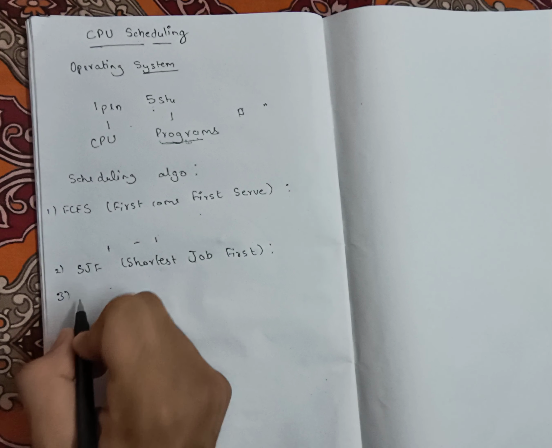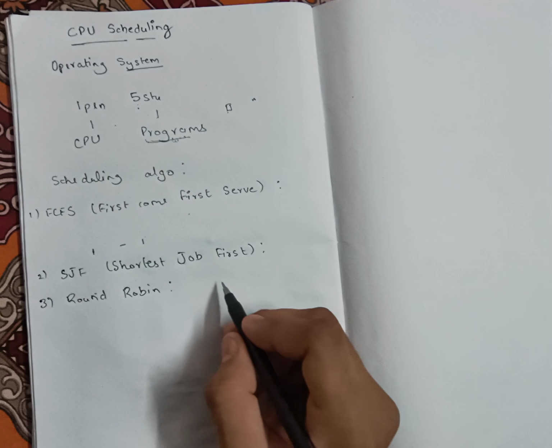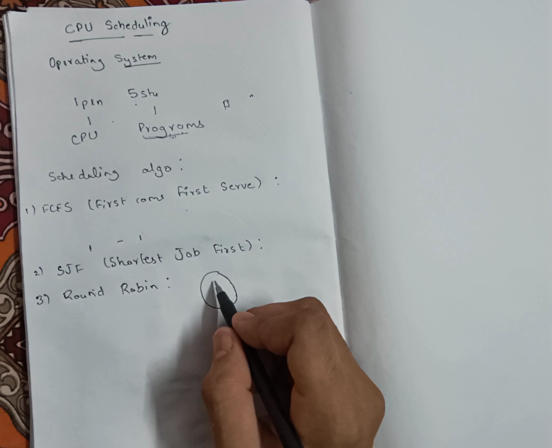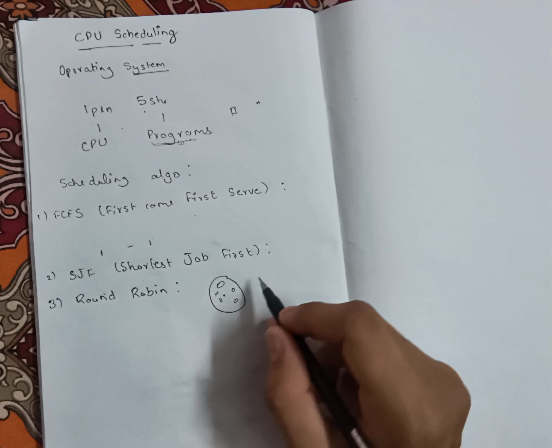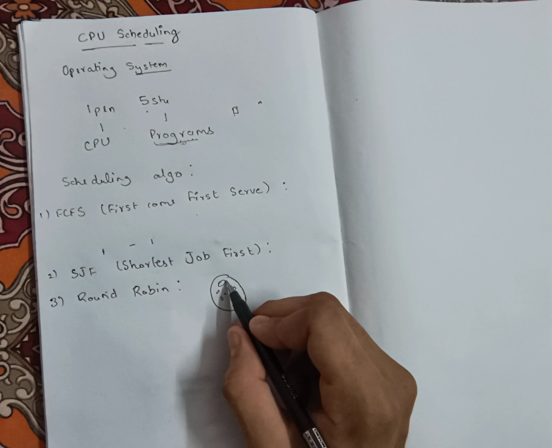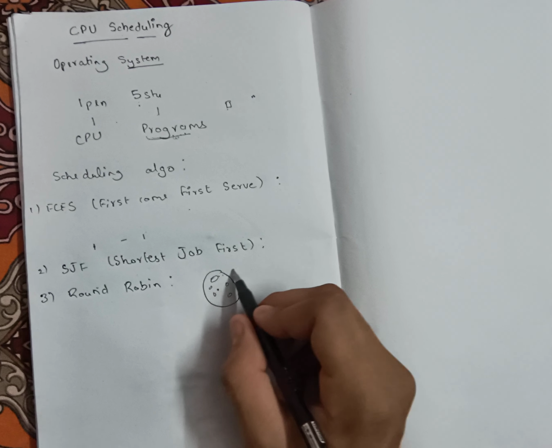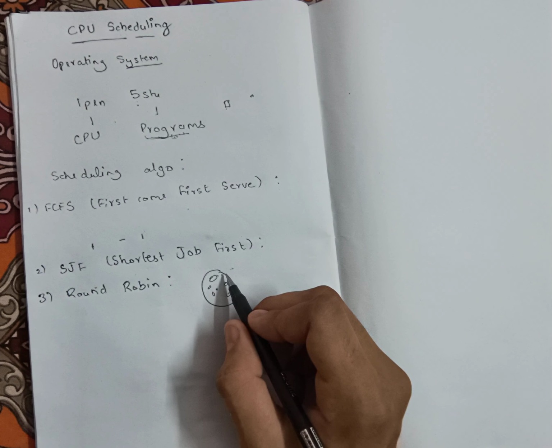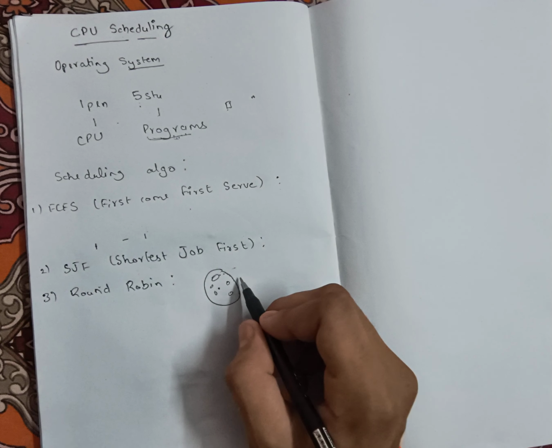The third one is round robin. It is like you are sitting at a table with your family having a meal. There are many different dishes on the table, so you don't pick them all at the same time, but take them in an order and then give it to the next, and then he takes it and gives it to the next.